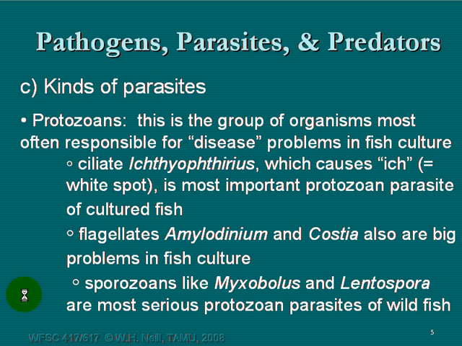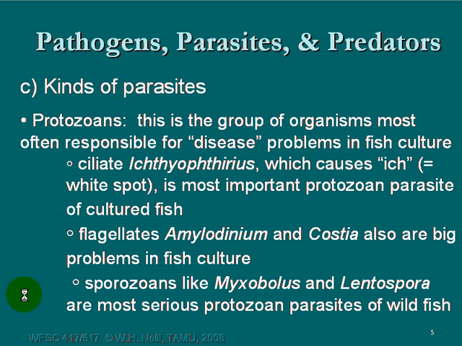You see that often in cultured fish, often in aquaria. Amyloodinium, everybody knows and fears in the culture of things like red drum and hybrid bass. It's particularly a gill parasite. Costia is another flagellate that causes big problems in fish culture, particularly salmonids.